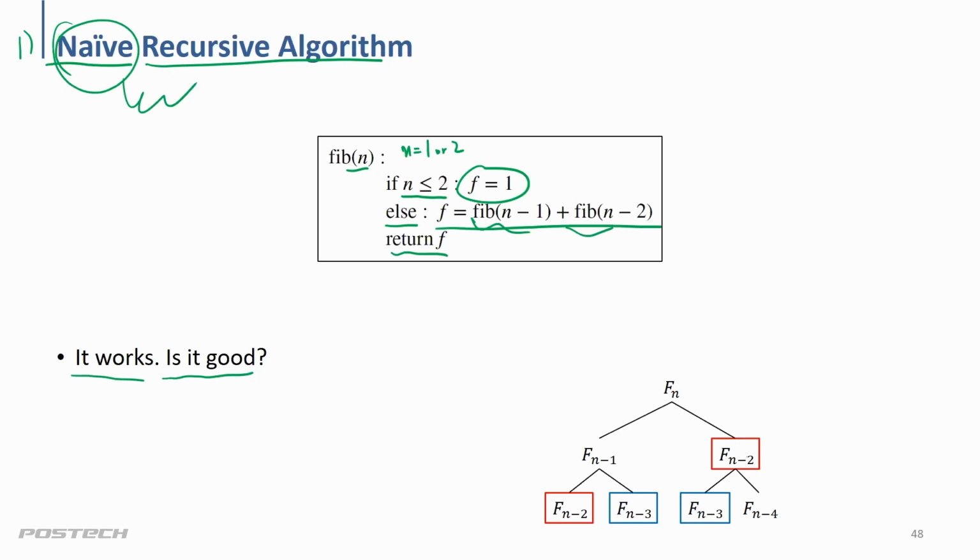We compute, for example, f of n minus 3 two times on the diagram. So it would be less redundant firstly if we store the values.